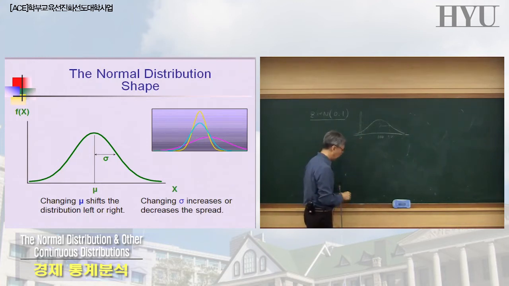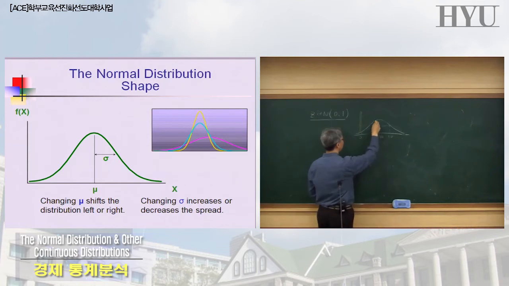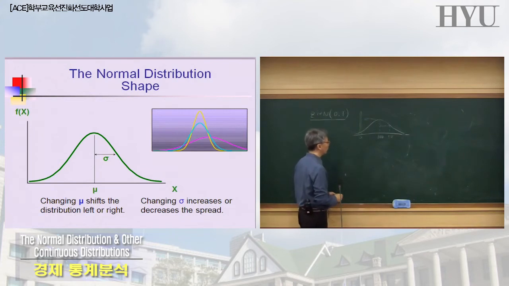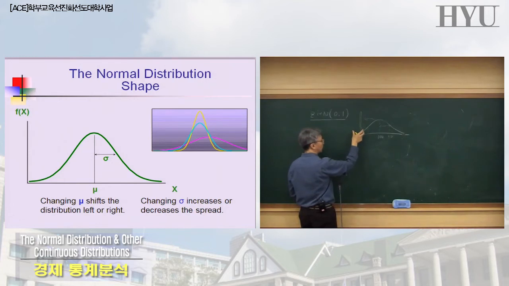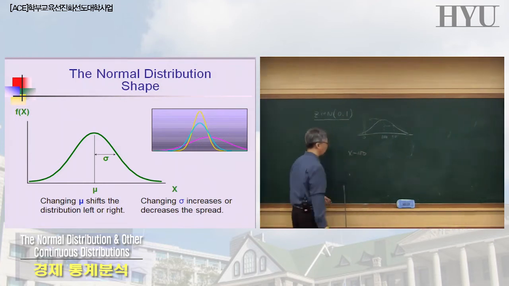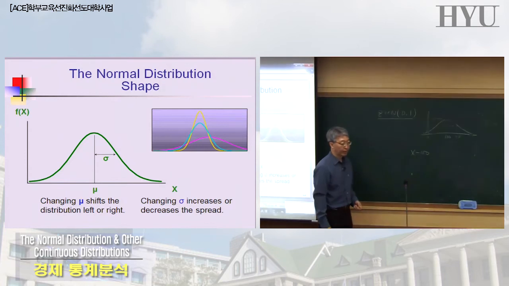Anyway, in order to convert or translate this particular normal distribution into standard normal distribution, first of all, we have to move the distribution this way so that it will be centered at 0 instead of 100, right? So that's why we subtract 100 from all x values, right?